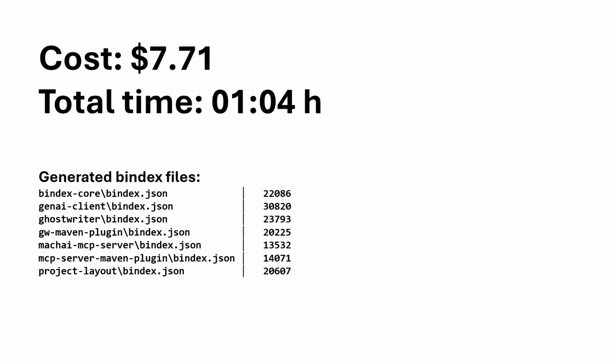Generated, validated, and successfully registered 7 complete, production-ready bindex.json manifests in our central catalog database. This is the ultimate proof of our cost-optimized architectural design. By combining parallelized execution with a highly disciplined model routing strategy, we delivered a massive, enterprise-grade semantic mapping of our codebase for less than the price of a couple of cups of coffee.